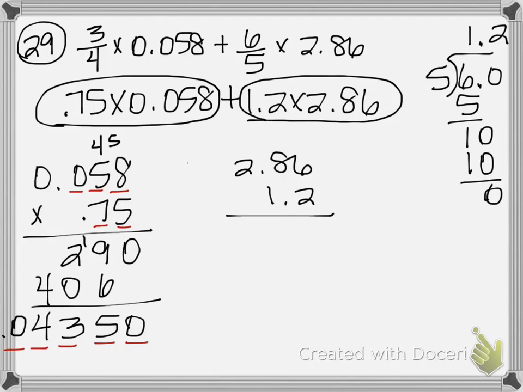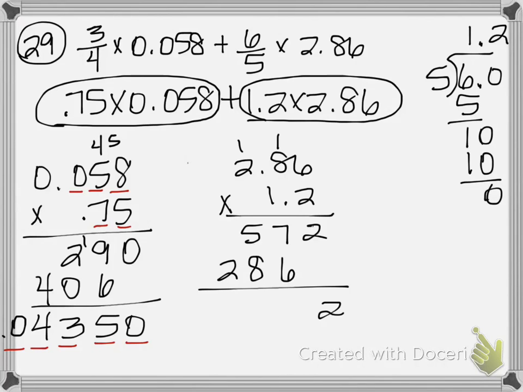Okay, so let's do the other multiplication. 2.86 times 1.2. So 2 times 6, we have 12. 16, 17. 2 times 2 is 4 plus 1, 5. And then I like when I get to multiply by 1 because that's easy. And then let's add.